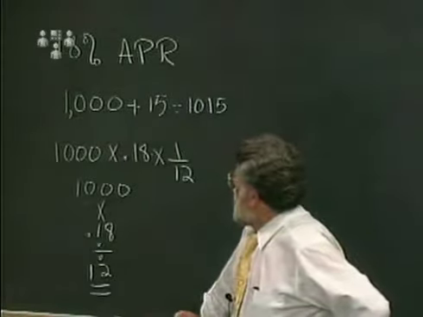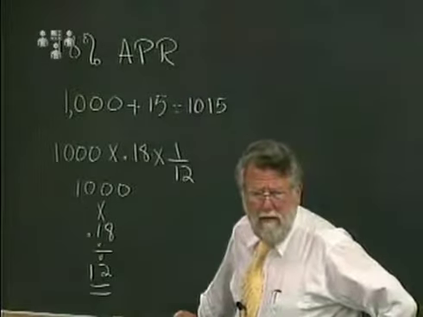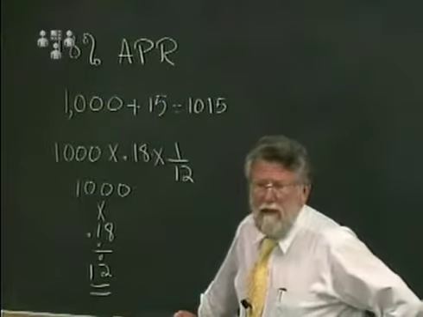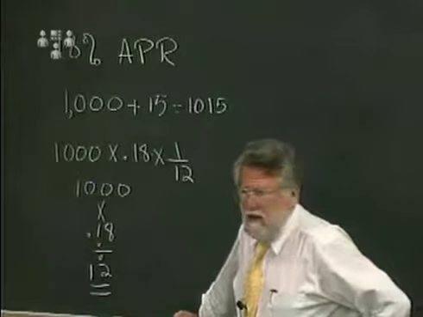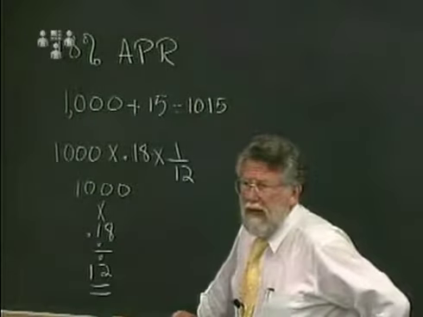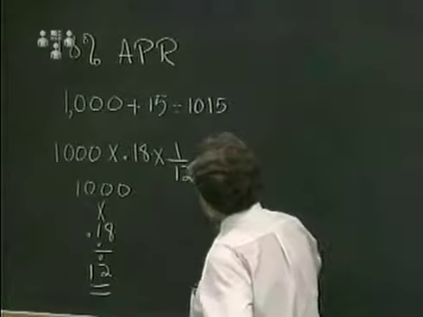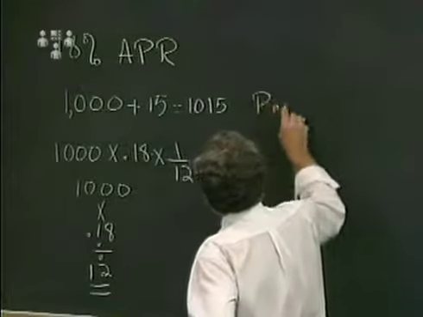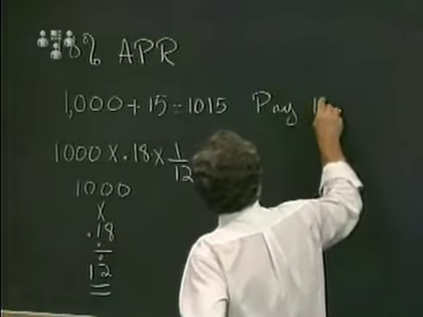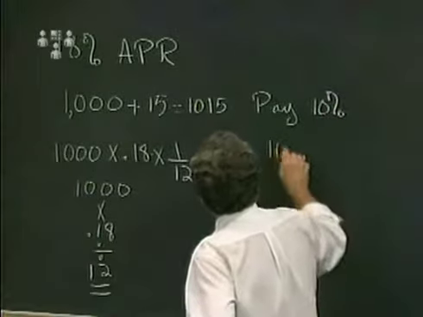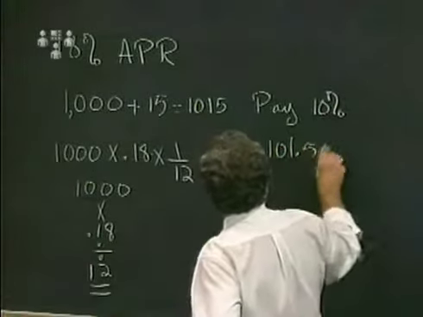The point being, you now make a payment. The payment we said was a 10% minimum payment. So that meant you were going to pay 101.5.